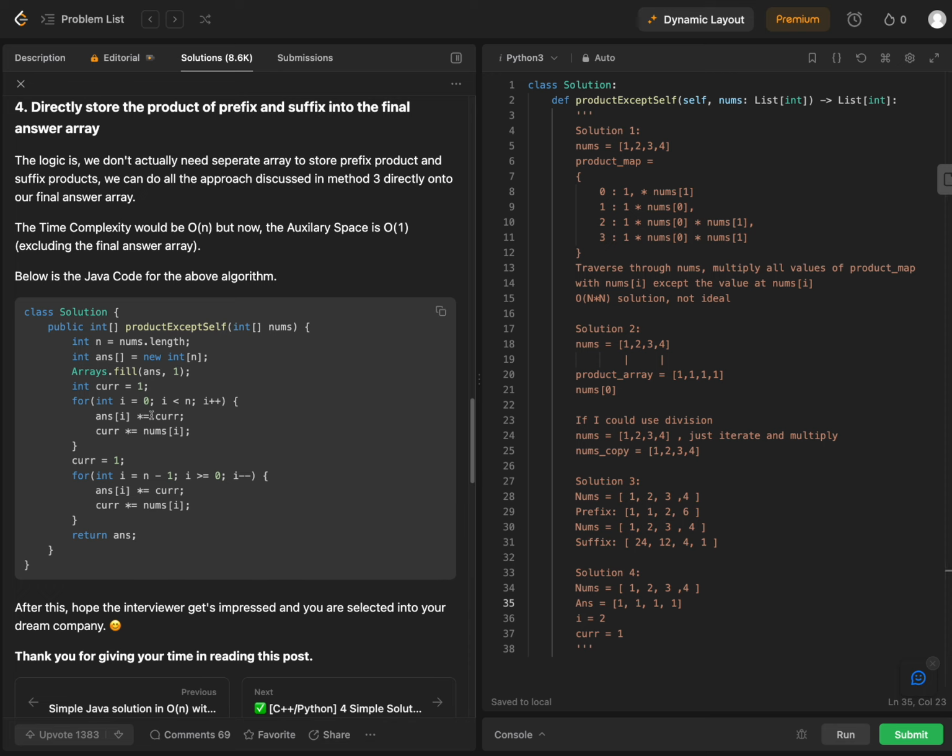When I equals to 2, your answer 2 multiplied by current. Current is still 1, so this is still 1, right? And then essentially your current finally becomes multiplied by I, you get 3.